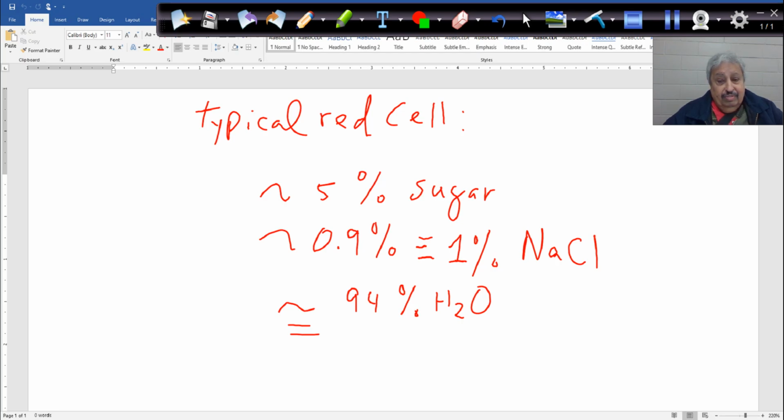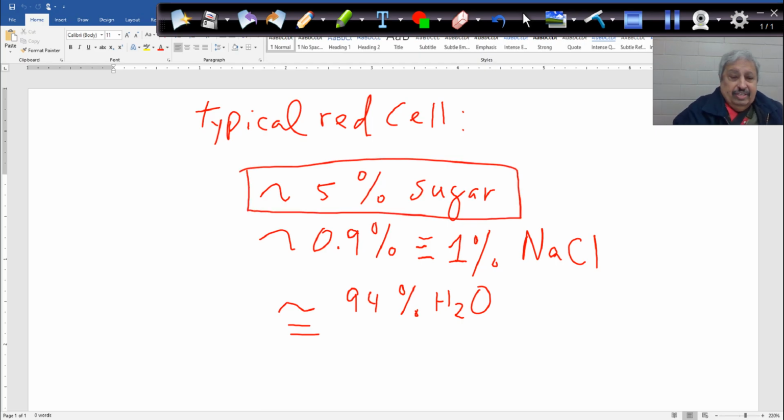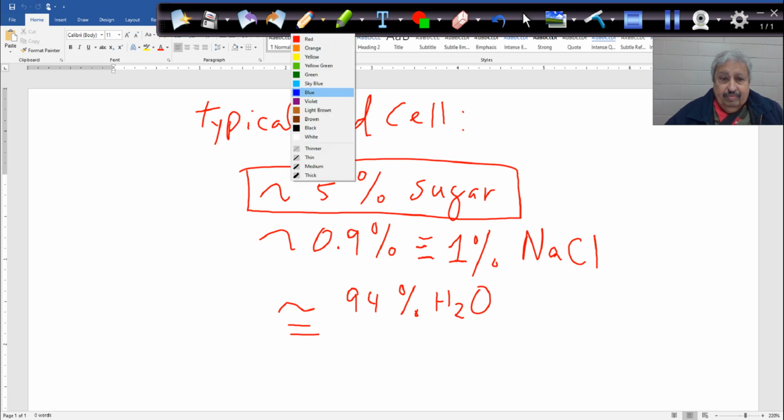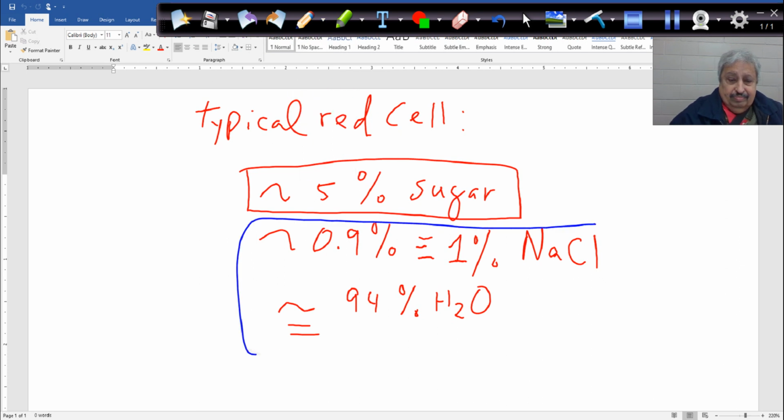But those are the major 3 components inside the red cell. Now, usually the sugar does not change in content. What's really changing in content are those 2 here, the amount of those here.